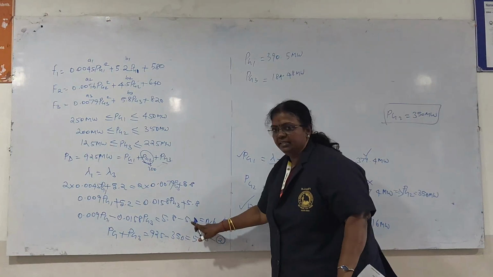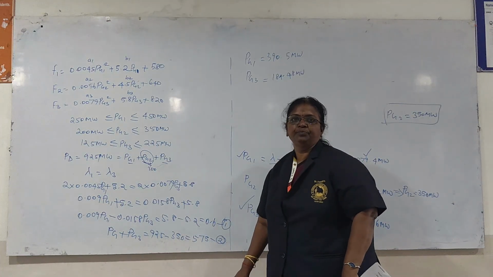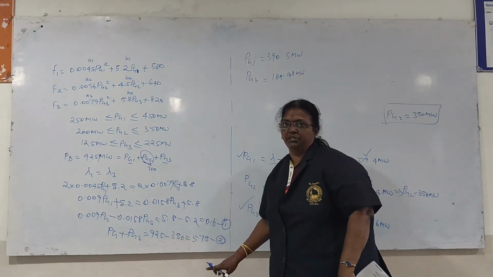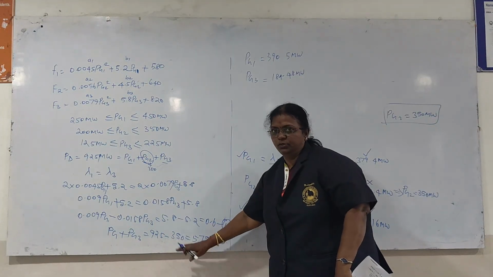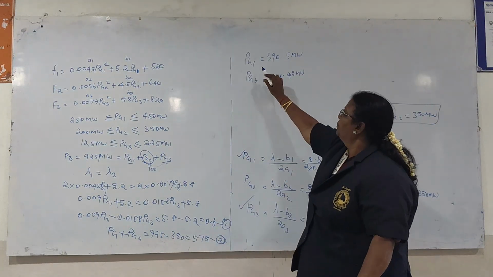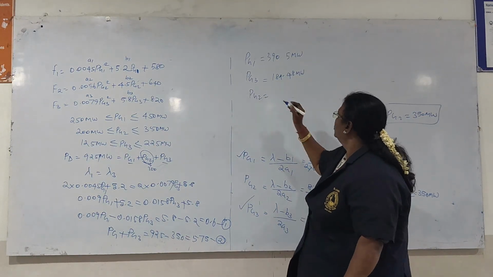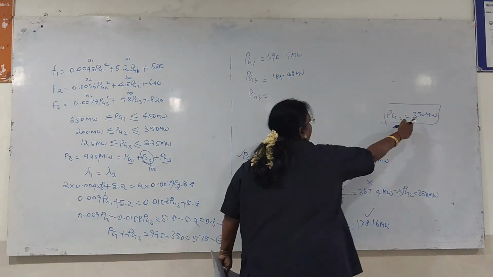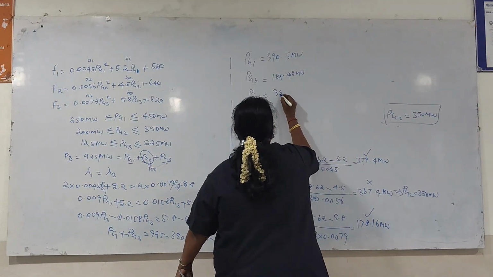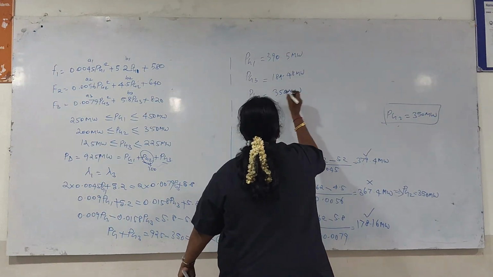You have to solve these two equations. Only two unknowns, two equations. Solve these two, then we get PG1 and PG3. Already you got PG2. We fixed the value as 350 megawatt.